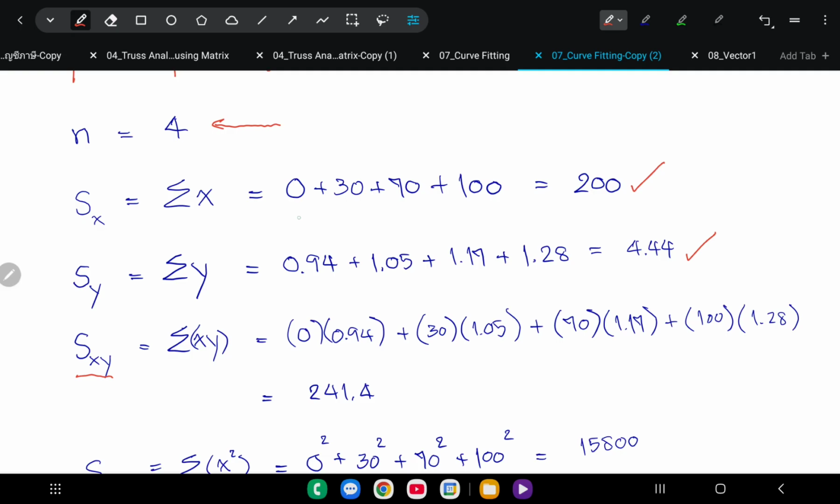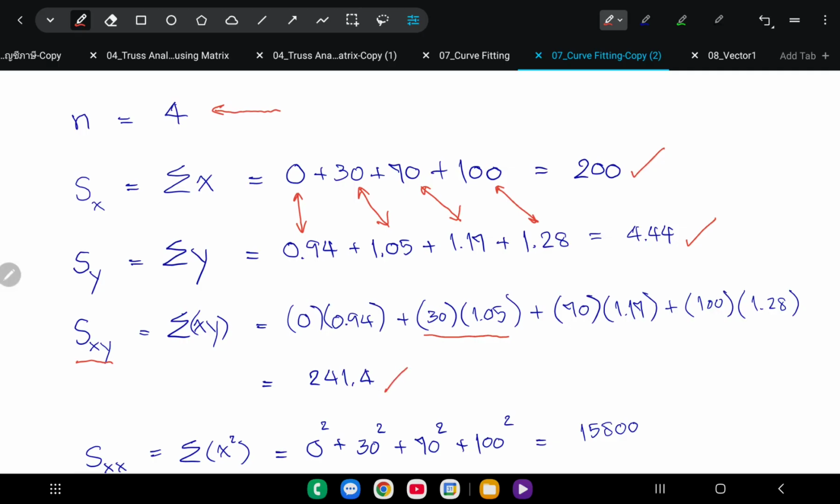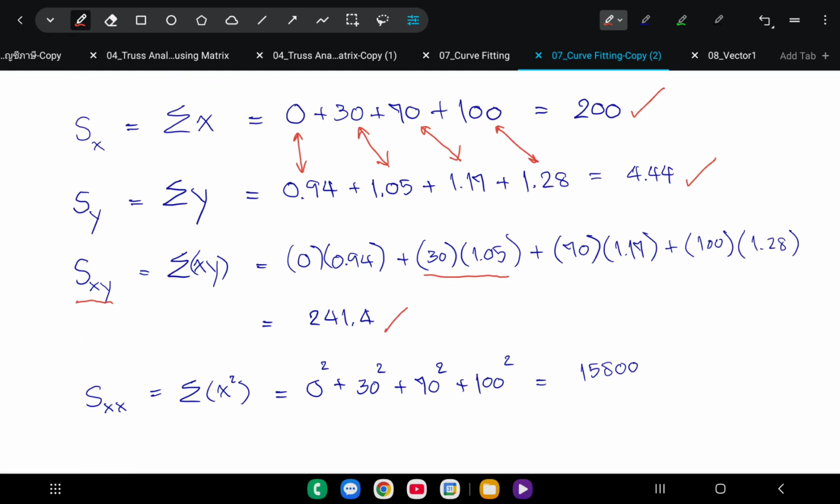That means you multiply 0 with 0.94, 30 with 1.05, and likewise the last two, and sum them. You get 241.4. The last one is Sxx. You square x first and sum all of them: 0, 30, 70, 100. You get 15,800.